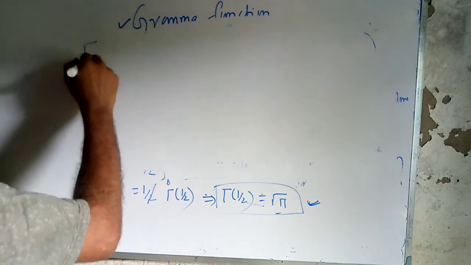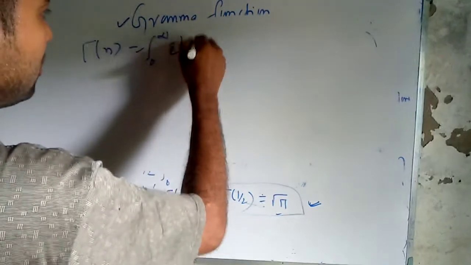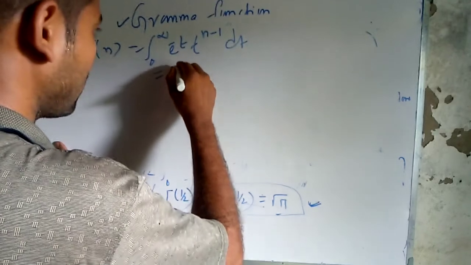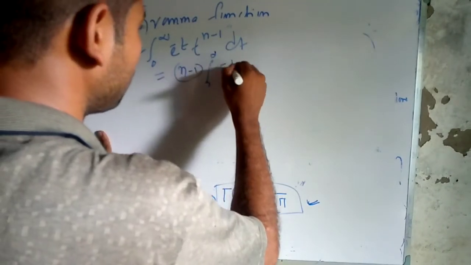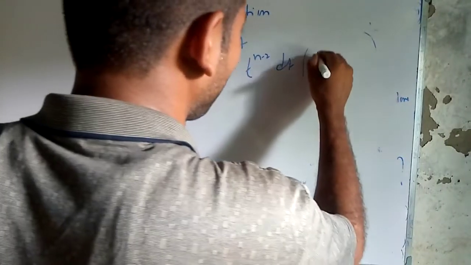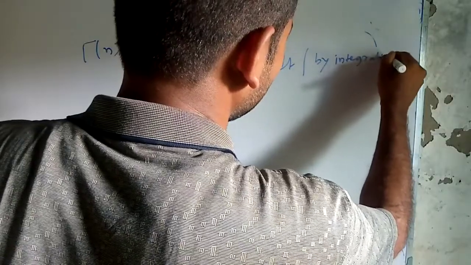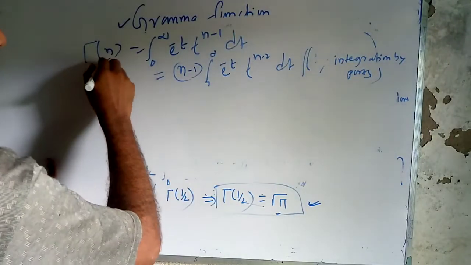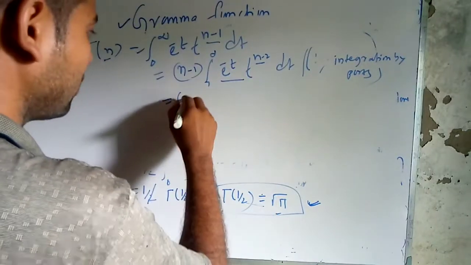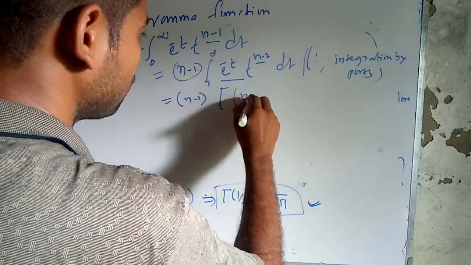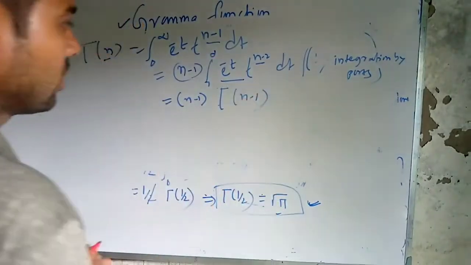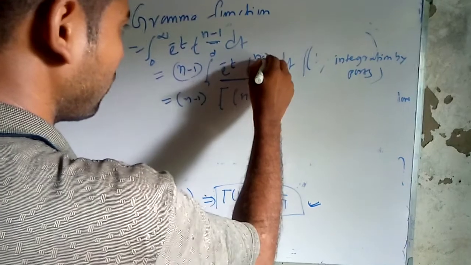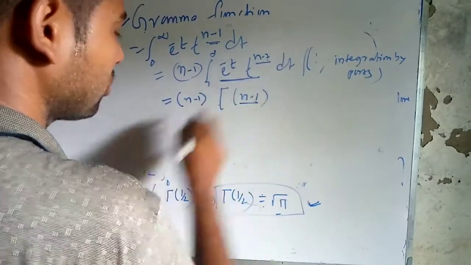You know gamma function n equals the integral from 0 to infinity of e to the minus t, t to the power n minus 1 dt, and using integration by parts you can obtain n minus 1 times the integral from 0 to infinity of e to the power minus t, t to the power n minus 2 dt. Hence gamma function n is n minus 1 times gamma function n minus 1, the same form with n minus 2 in the integrand.